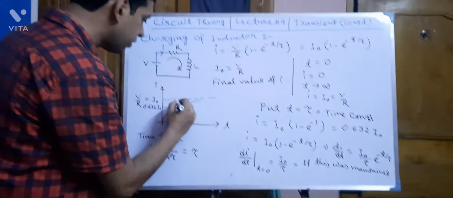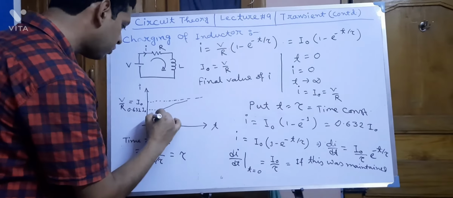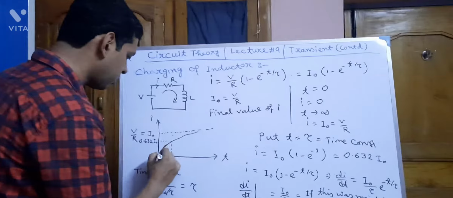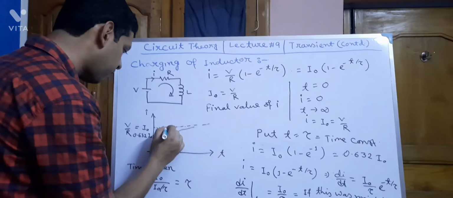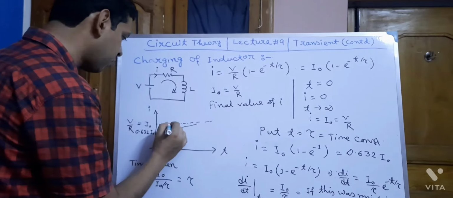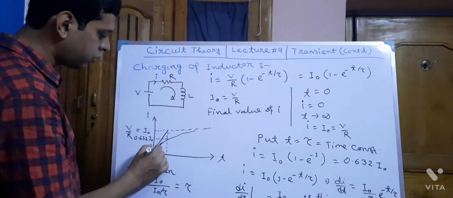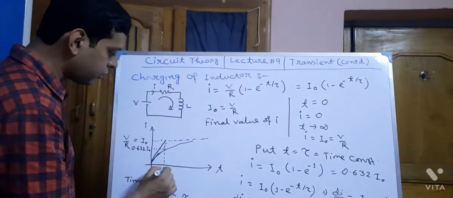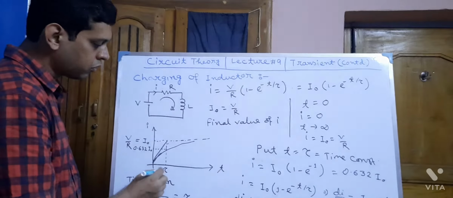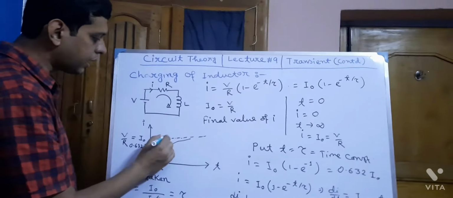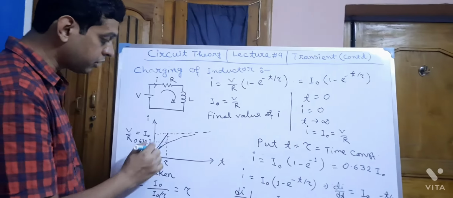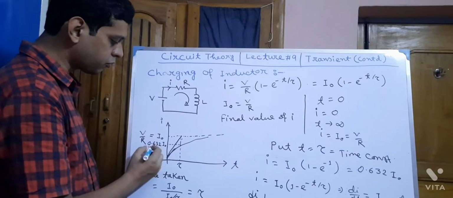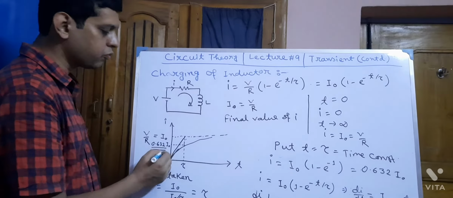But the rate is not maintained. Okay, this is the initial rate of rise. If this was maintained, then at t equal to tau the current should be equal to I0, but this is not maintained. So the magnitude of current at t equal to tau is 0.632 I0.